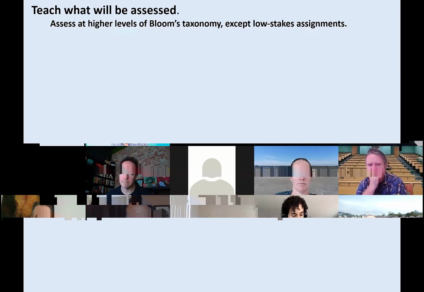All right, so here's what I'm gonna really focus on today in my different sections. I'm gonna talk about having you teach what will be assessed. And I'm just gonna mention here, assess at higher levels of Bloom's taxonomy, but I will spare you the Bloom's taxonomy pyramid, okay? Low stakes exams, you can teach at lower levels.